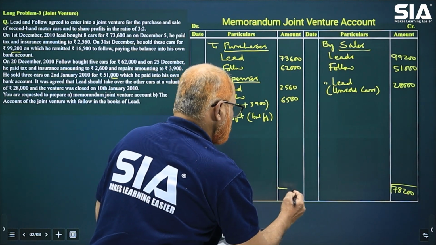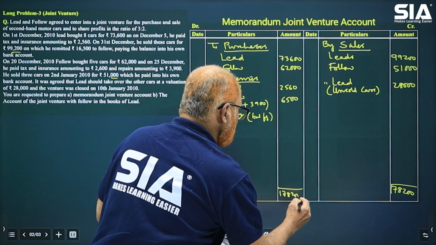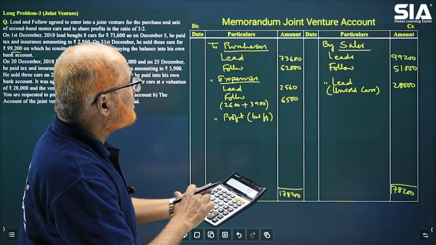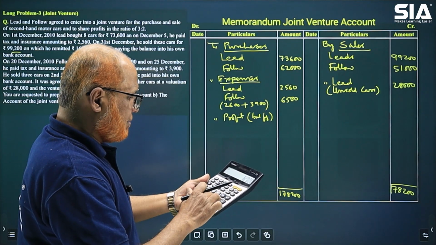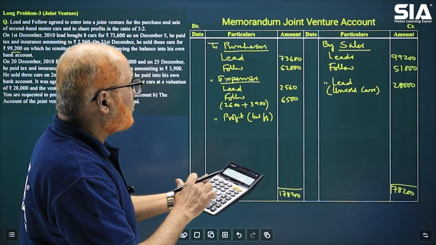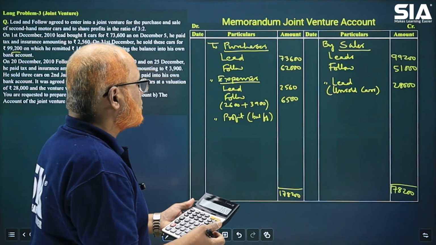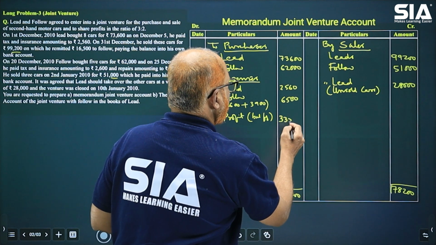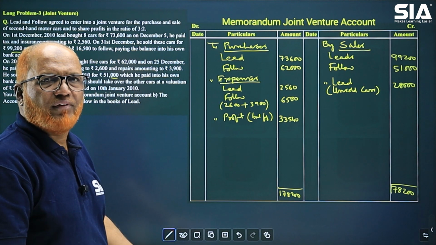Here also I will take 178,200 minus 73,600 minus 62,000 minus 2,560 minus 6,000, which is 33,540. This is the profit on the venture.